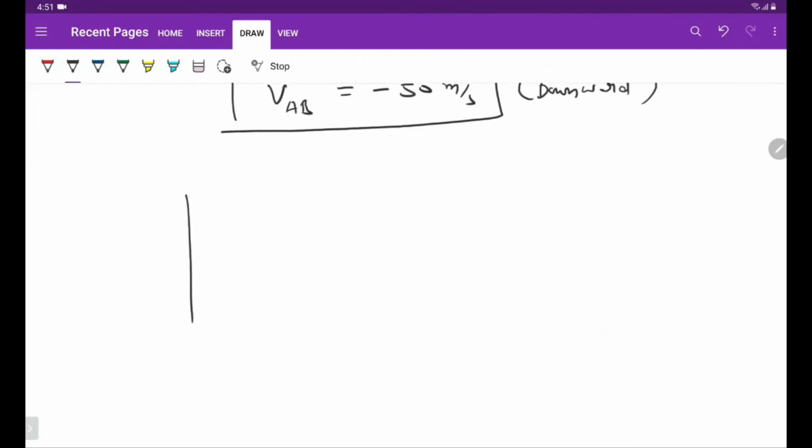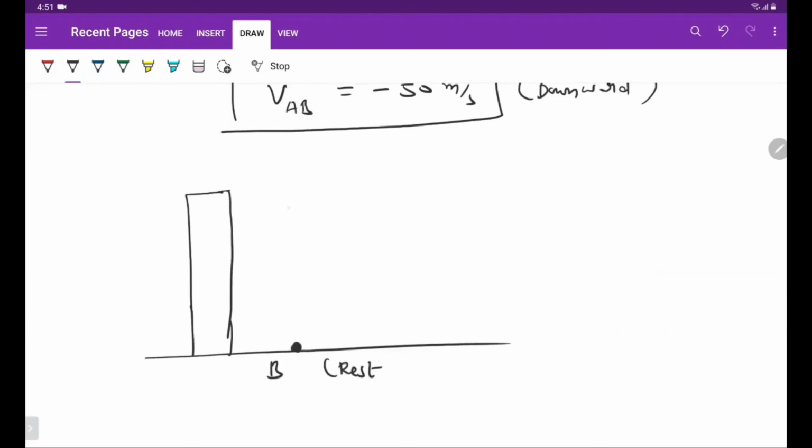Here this information tells B is at rest. B is not moving at all. So this is B, at rest. Only A is moving downward, with speed 50 meters per second. So it has to travel 150 meters.